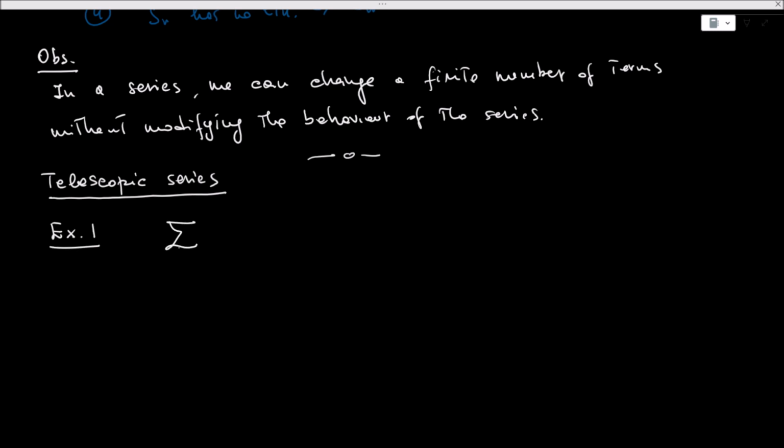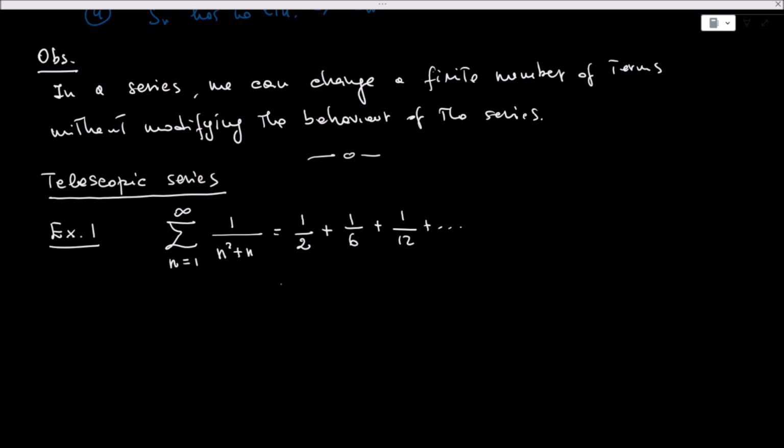Sum for n going from 1 to infinity of 1 divided by n squared plus n. Let's evaluate a few terms of this sequence. For n equal 1, we have 1 divided by 2. For n equal 2, we have 1 divided by 6. For n equal 3, we have 1 divided by 12, and so on and so forth, right?